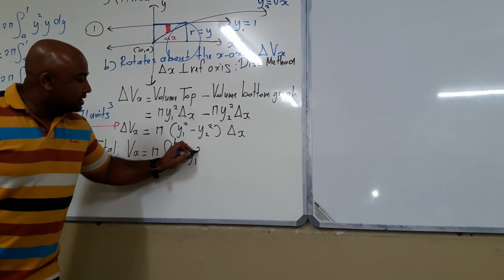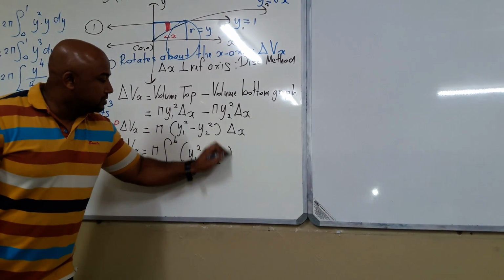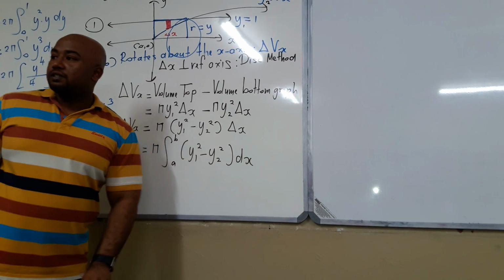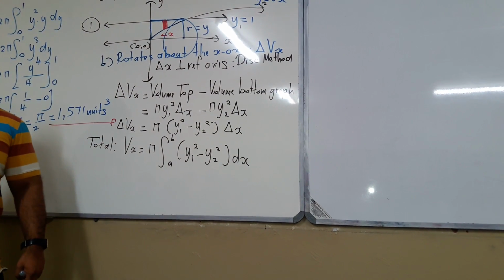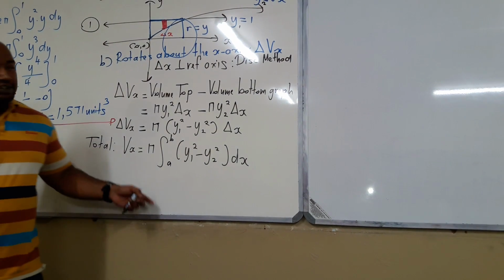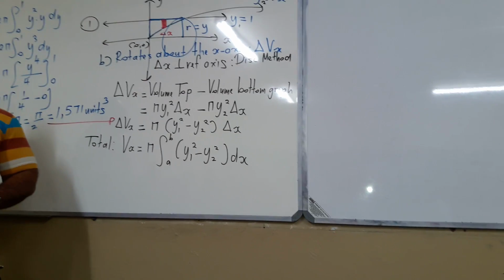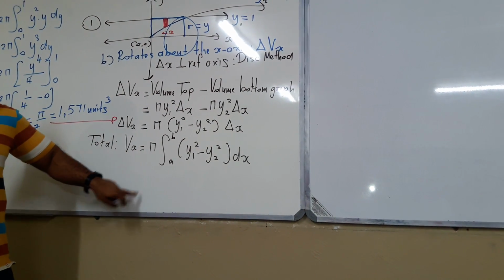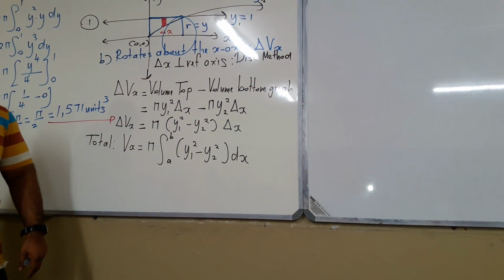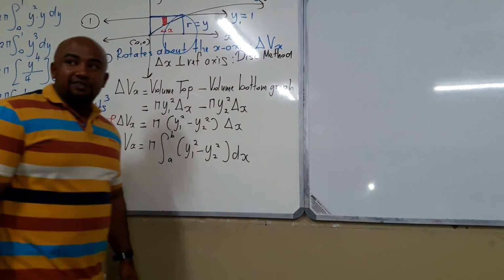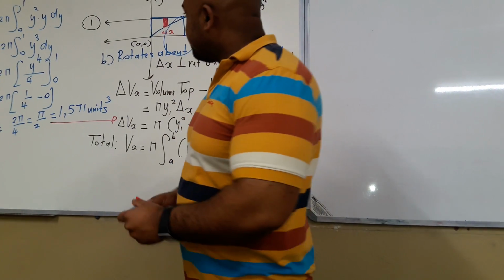So that will be y1 squared minus y2 squared dx. This is the formula that's given to you on the formula sheets. Okay, but obviously you need to know that you have to choose this formula. So now, what are the x values? What are the x values that we are looking for?